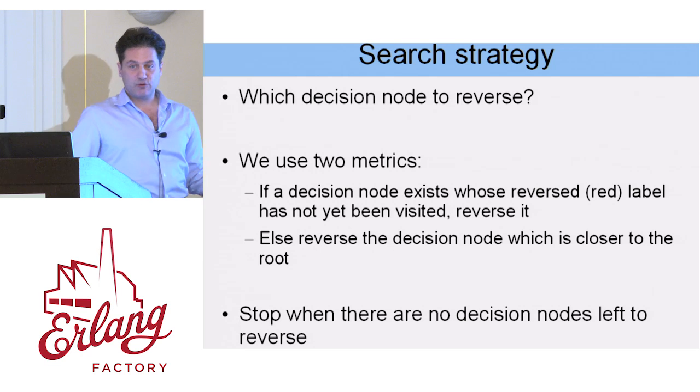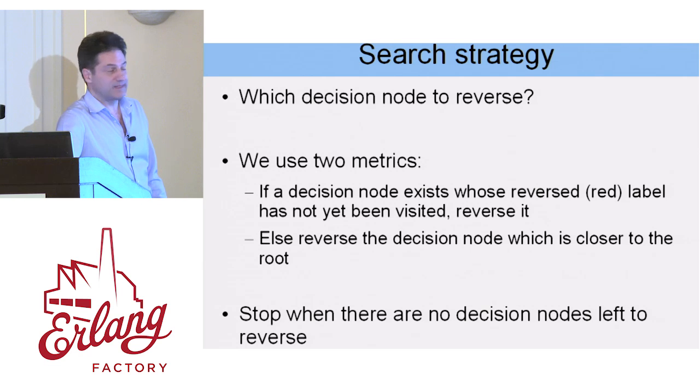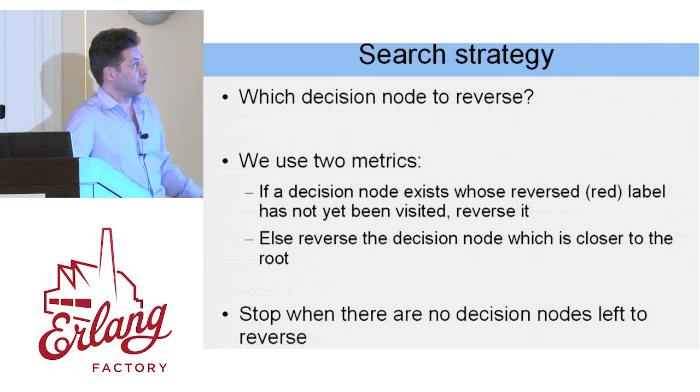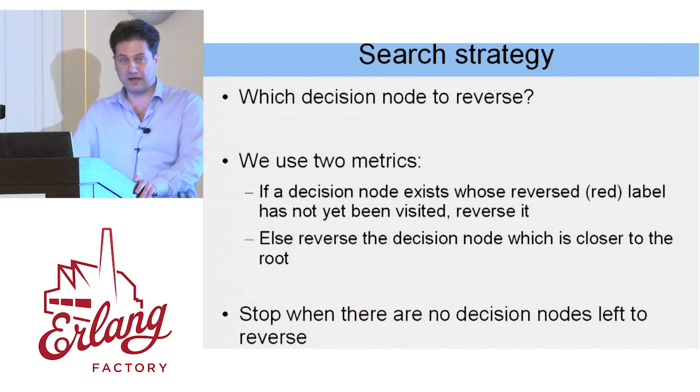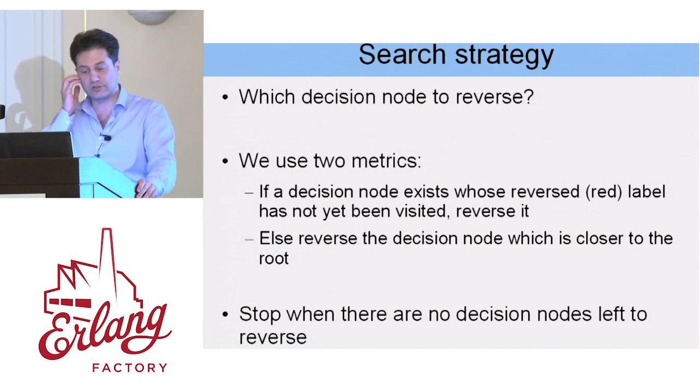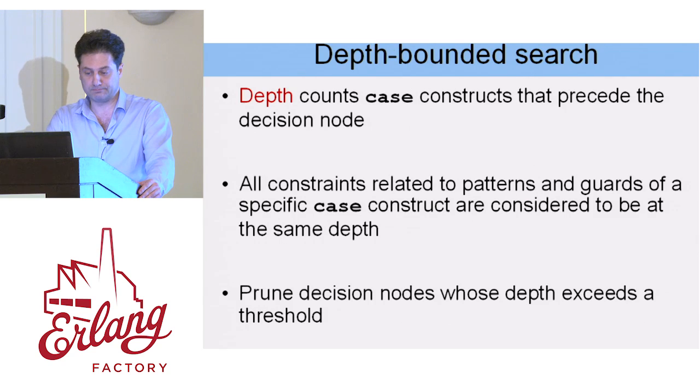So there are various things that are involved here. We need a search strategy, which decision node to reverse. And the tool uses two metrics. And I will not describe them here. But basically, it systematically explores all the possible paths that exist in the program.